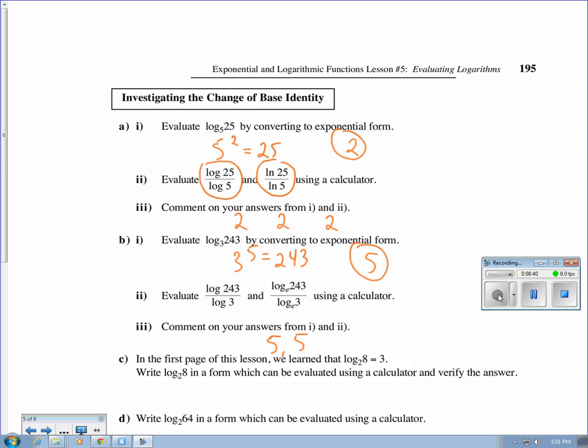I can try that again with another example. I know that 3 to the 5 is 243, so the value of the log would be 5. But I can try out that trick. Log of 243 divided by log of 3, or ln of 243 divided by ln of 3, will also both give me 5.